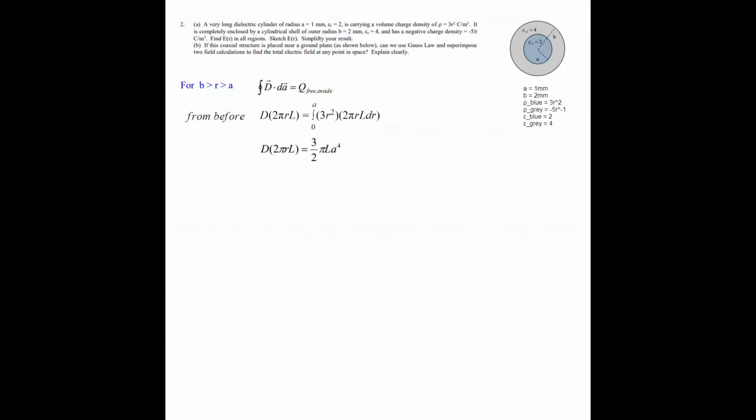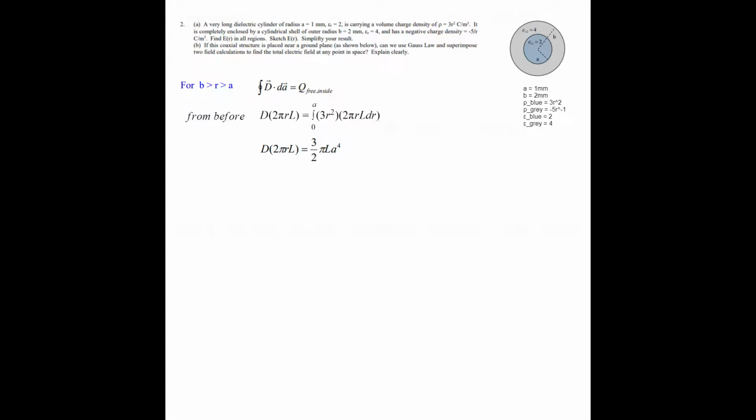So you'll notice that when we integrate from 0 to A instead of 0 to R, we essentially just get the right side of this expression being 3/2 pi L A to the fourth, and it used to be 3/2 pi L R to the fourth.